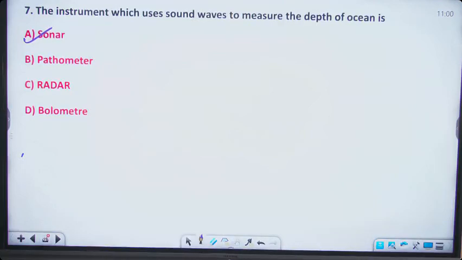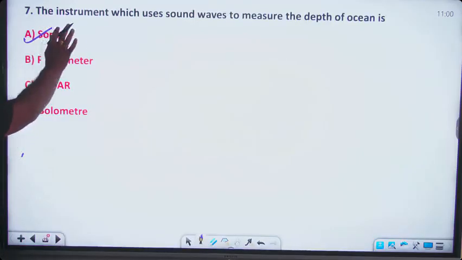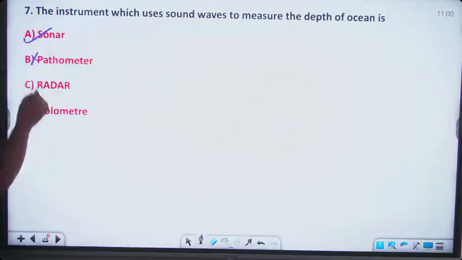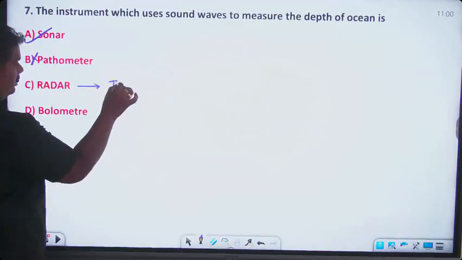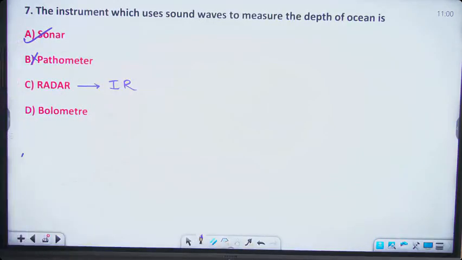Suppose that second one, pathometer అని ఉంది. ఒకవేళ in case instead of P, suppose that you have got F, in that particular case రెండు కూడా కరెక్ట్ ఆన్సర్స్. బట్ ఇచ్చిన ఆప్షన్లో pathometer అని ఉంది కాబట్టి దిస్ ఈజ్ ఎ రాంగ్ వన్. అట్ ద సేమ్ టైమ్ ఇఫ్ యూ టాక్ ద కేస్ ఆఫ్ రెడార్లో యూస్ చేసే రేడియేషన్ ఏది? Infrared radiations are used in case of radar. Just make a note of that one. Infrared radiations are used in radars.